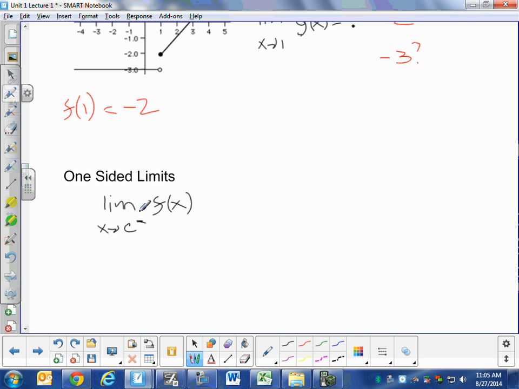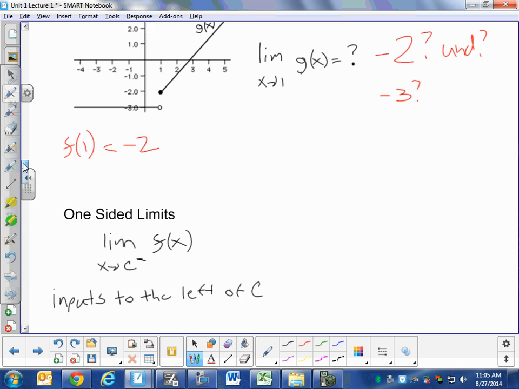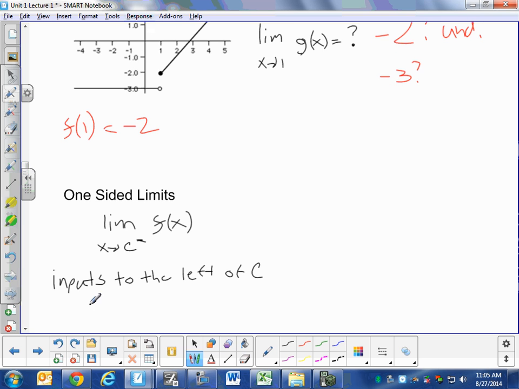This negative says that we are going to look at inputs to the left of c, or some values for our inputs that are less than c.